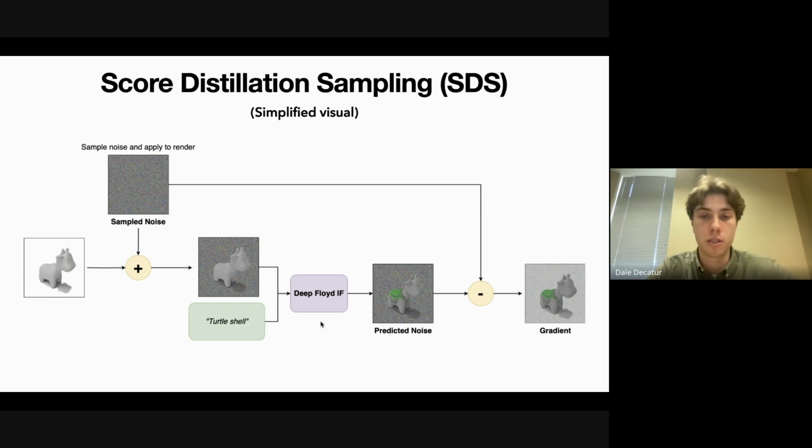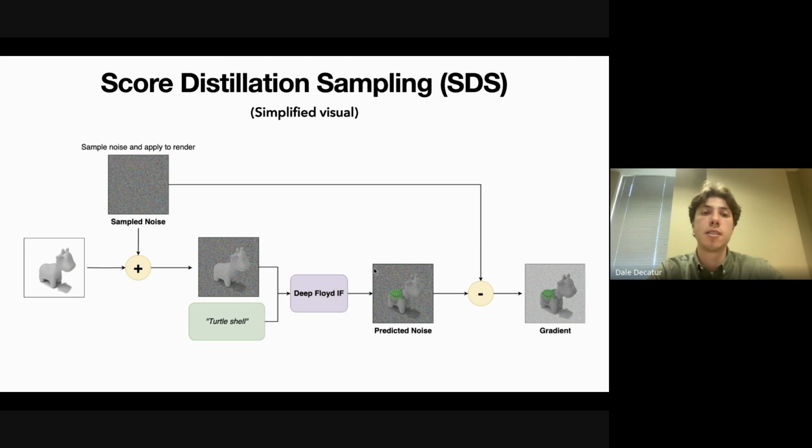In our case, we use DeepFloyd-IF, but this is a general approach for any kind of text-image diffusion model. This model will predict some noise as an output, and our loss is the difference between the sampled noise and the predicted noise from the diffusion model given our noisy image and our text prompt. The intuition for why this is a helpful loss is that you want this difference between the sampled noise and the predicted noise to be small.